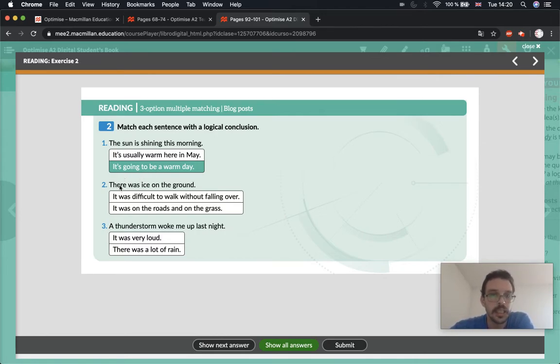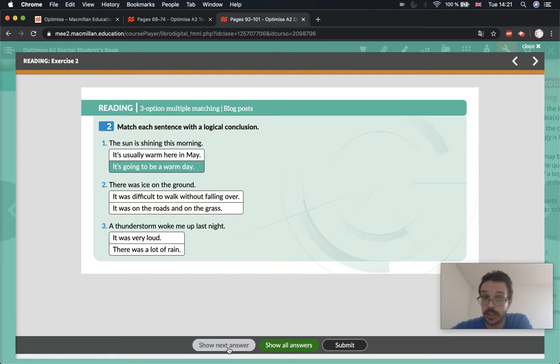Let's have a look at number 2. It says there was ice on the ground, on the floor. So if there's ice on the ground, what's a logical conclusion? It was difficult to walk without falling over, or it was on the roads and on the grass.